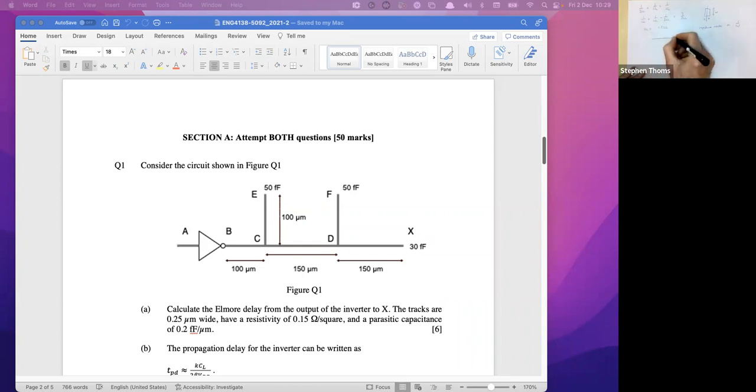So that's B, that's X, and you've got a node at C, and you've got a node at D, and we've got some distances here, which are 100 microns to C, 150 C to D, 150.